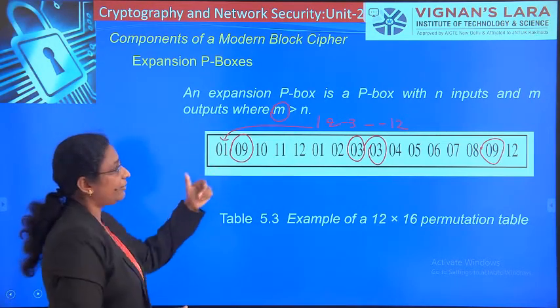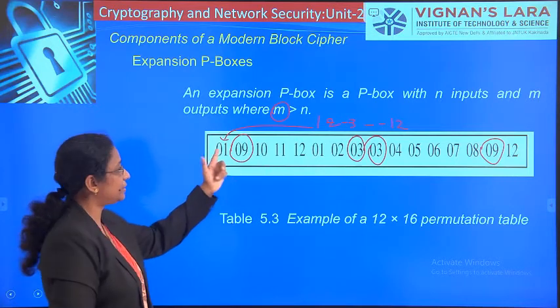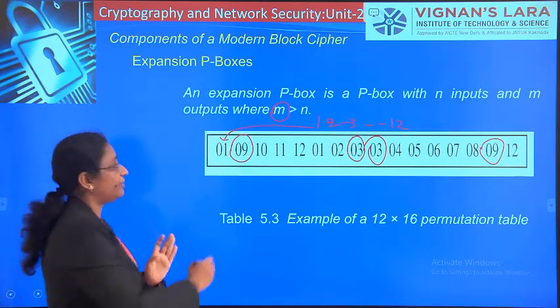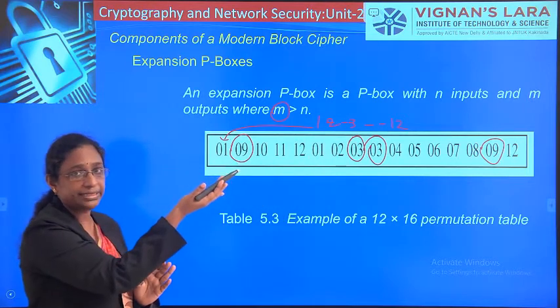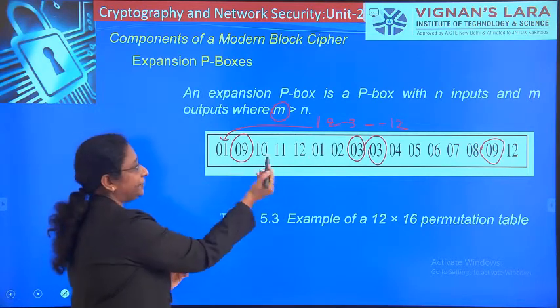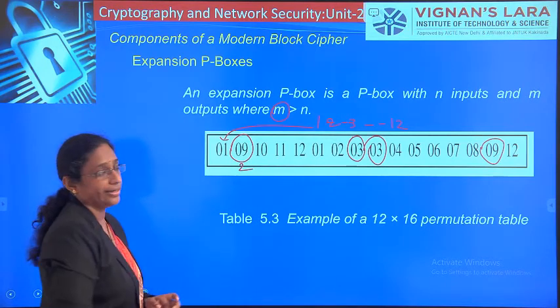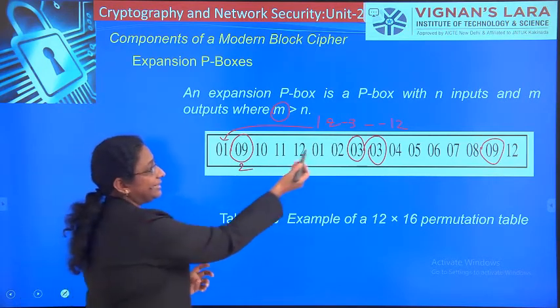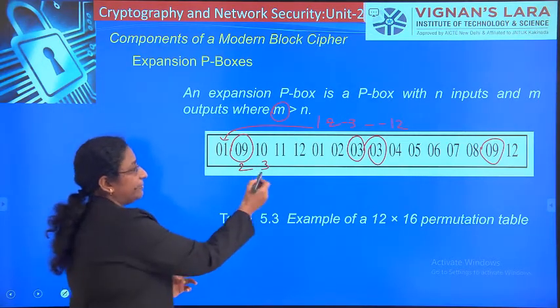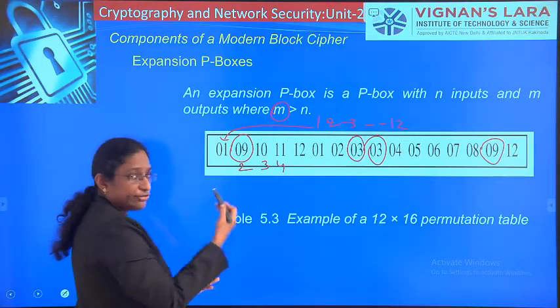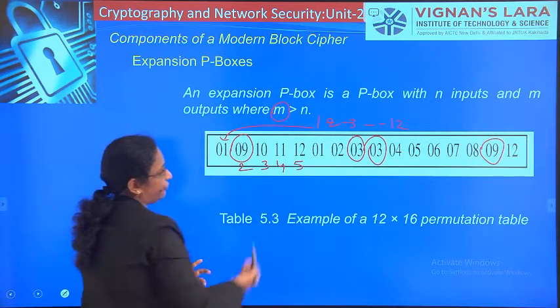The 9th bit of the plain text will become the second bit. Similarly the 10th bit will become the third bit, the 11th bit the 4th bit, and the 12th bit your 5th bit.